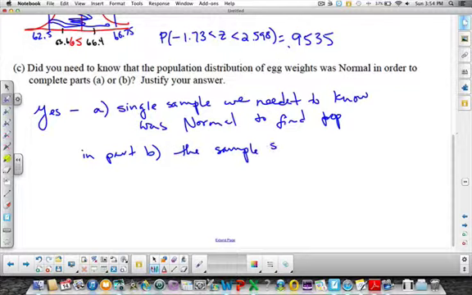However, in part B, while we're doing a sampling distribution, the sample size is still pretty small. That means that it probably was not big enough to normalize the sampling distribution if the population hadn't been normal to begin with.